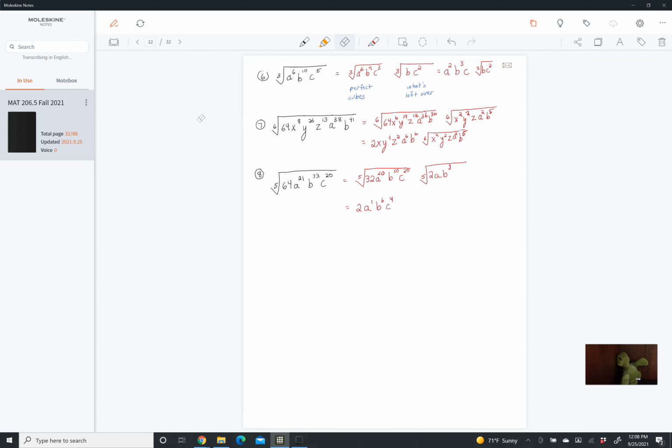So now this is the coefficient of the radical. And then the 5th root of 2ab cubed. Okay, I apologize. I know sometimes these numbers don't come out so well. That's why I say it.